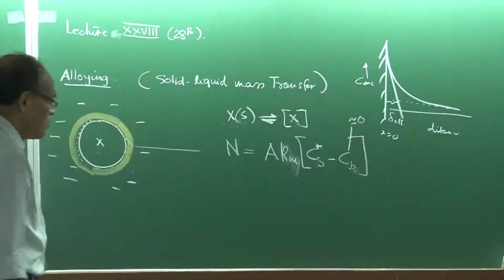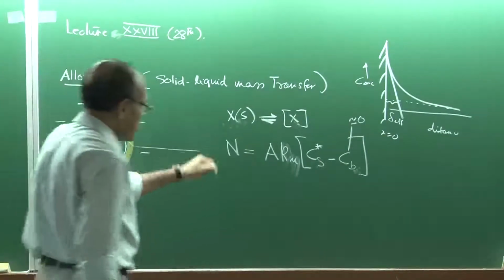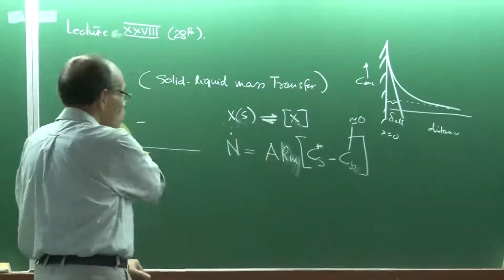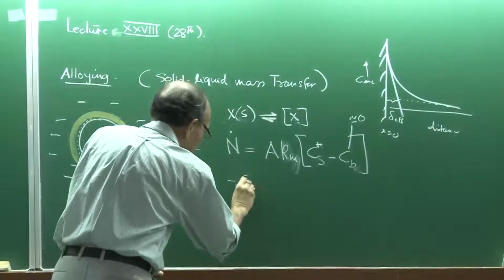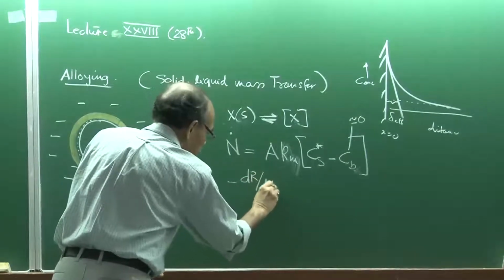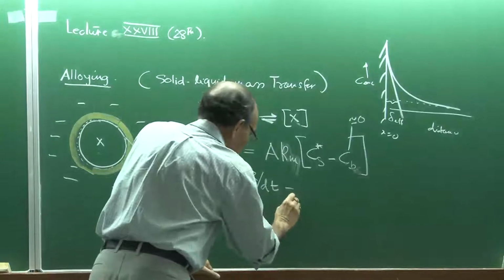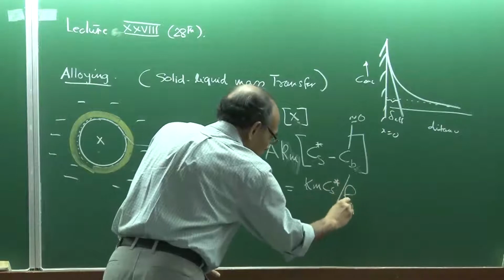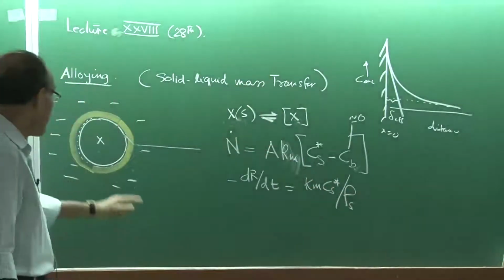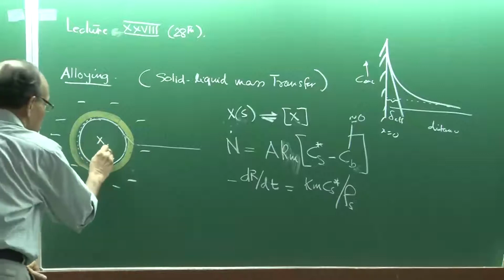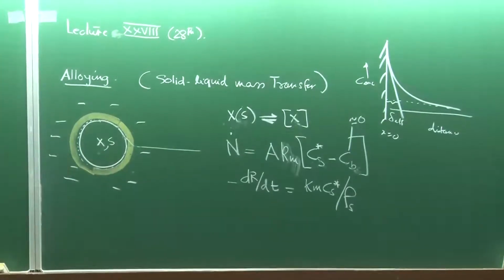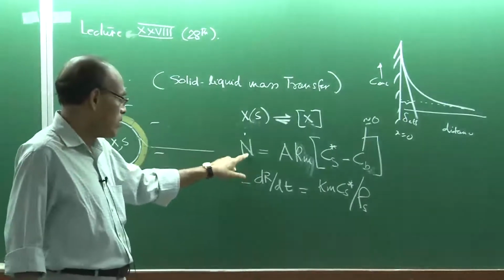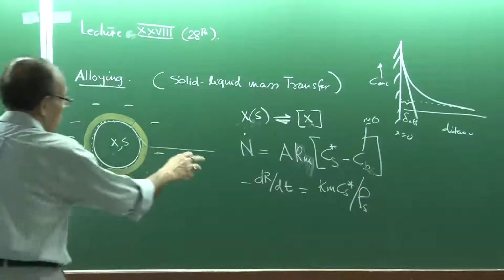Now this is n dot, the rate of transport, because this is area, and if you consider a spherical shape, this can be given in terms of dr over dt, in which r is the radius, and this will be given in terms of km cs star multiplied by rho s, where rho s represents the density of the solid, which is represented as X. Okay, if you do a mass balance, that is the rate of transport, that is the rate of change of mass.